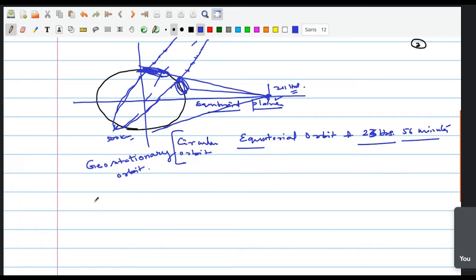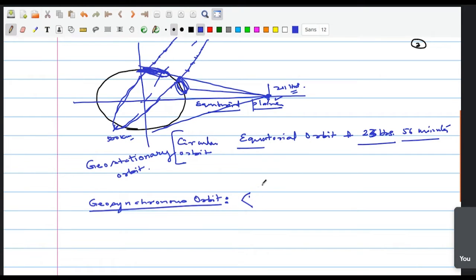Now there is another term, which is the geosynchronous orbit. So the geosynchronous orbit can arise for various reasons.